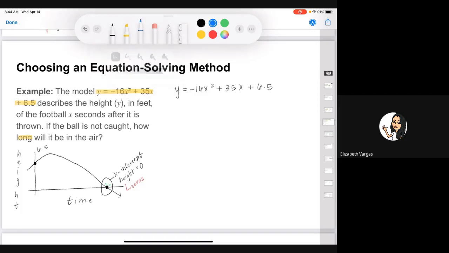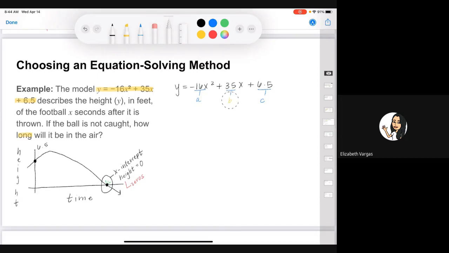So once again, this is my A, this is my B, this is my C. And I'll change the color so we can see this go in. And so I'm plugging this into my quadratic formula. Okay, so my B is 35.